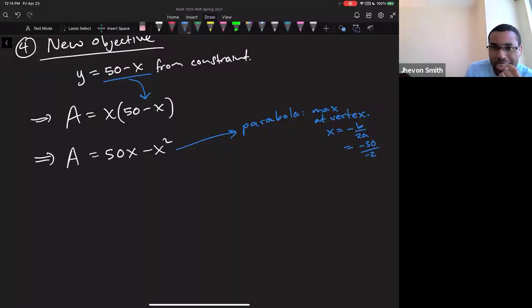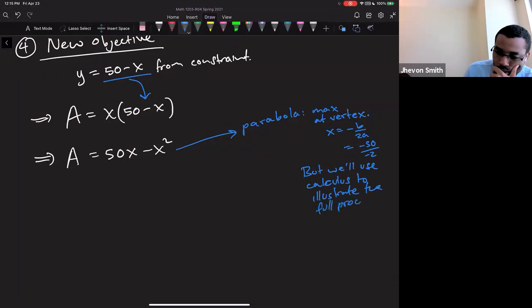So we kind of know what it has to be, but we'll use calculus just to illustrate, right? But I know what the answer should be because this is a parabola.